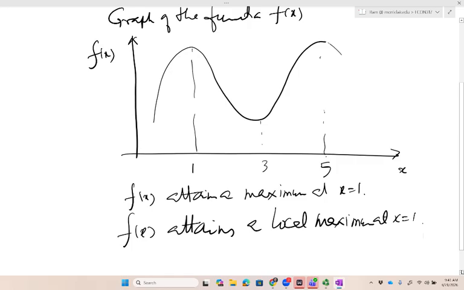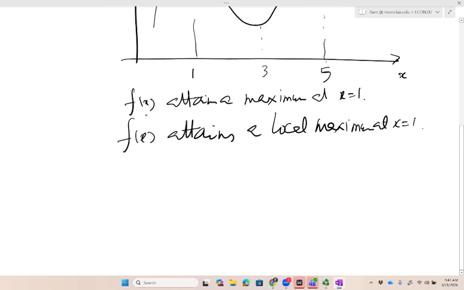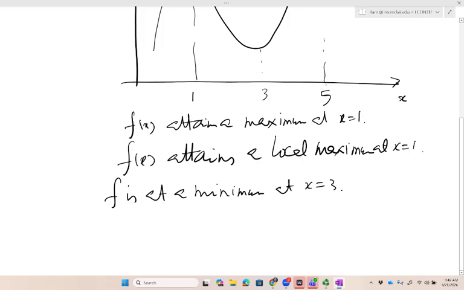Okay. For x equal to 3, now we can make a more precise statement. It attains a minimum value. So f is at a minimum at x equal to 3. And we see there is only one minimum.